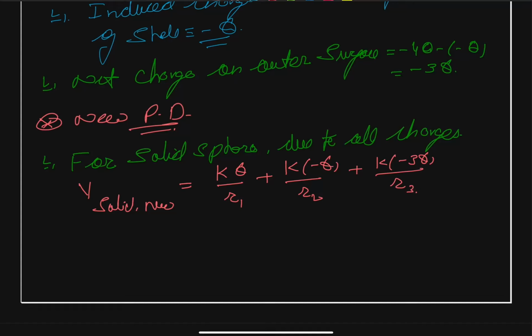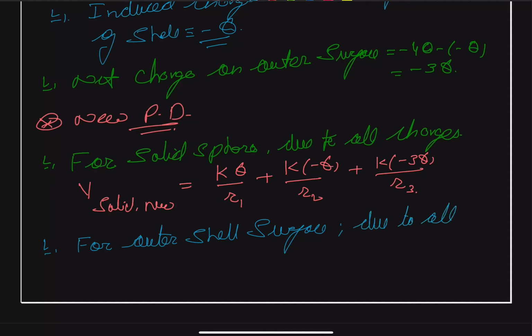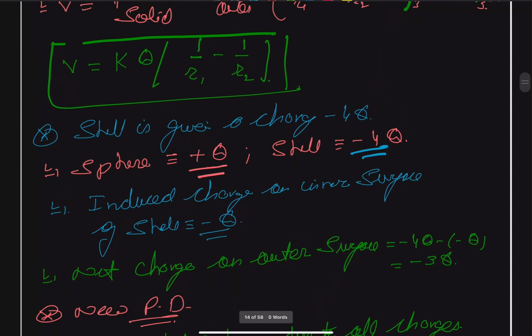And next is for outer shell surface, and once again due to all charges. Let us call this V outer nu.